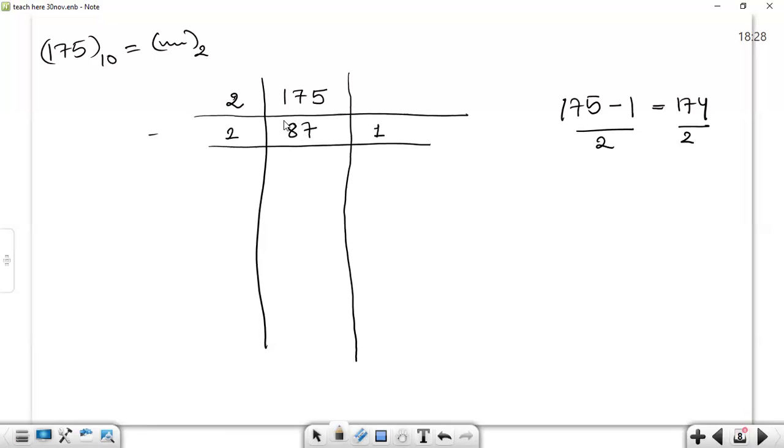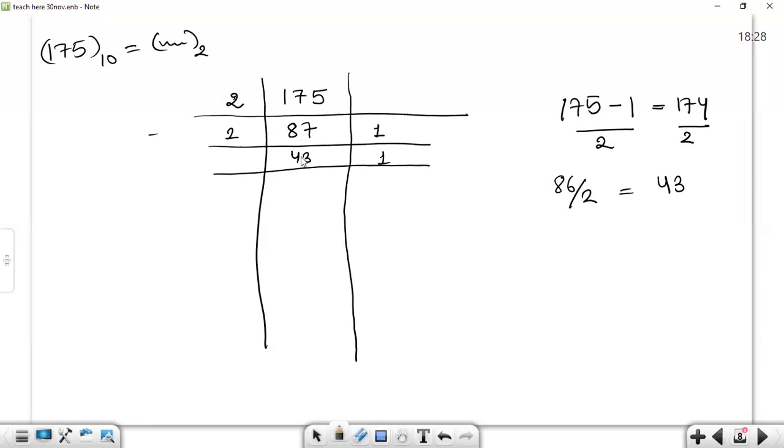So 87 is also an odd number, right? Is that correct? So we will subtract 1 from 87, it will become 86, and then we will divide it by 2. So what will be the answer? Please keep on responding so that I feel students are listening.